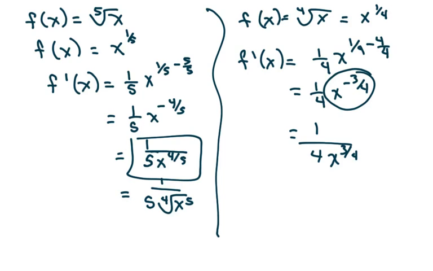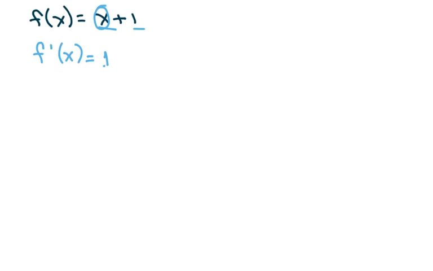All right? And let's do a couple more, because we have some more time. We have f of x equals x plus 1. Now I'm going to use my sum and difference properties. So I'm going to just take the derivative of each piece. So the derivative of x there is just 1. And the derivative of 1 is 0, because that's a constant.